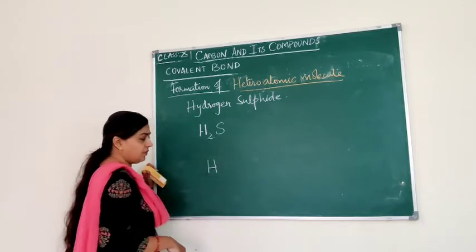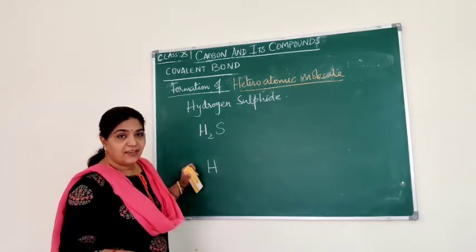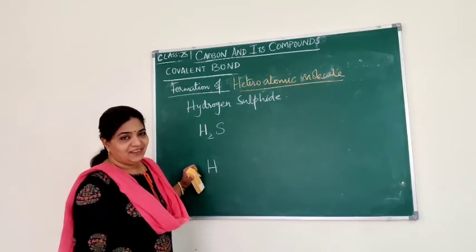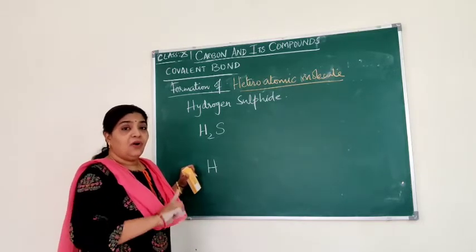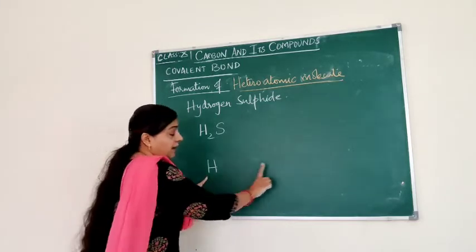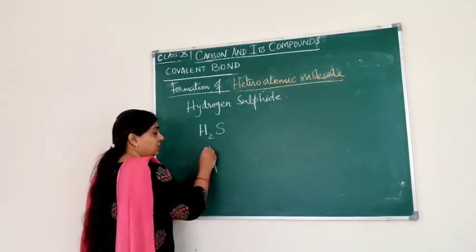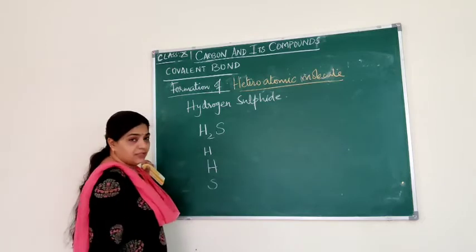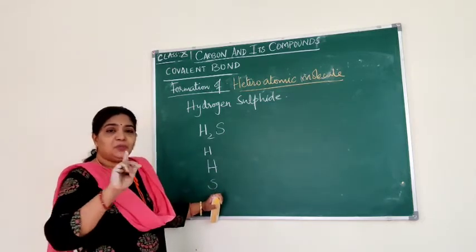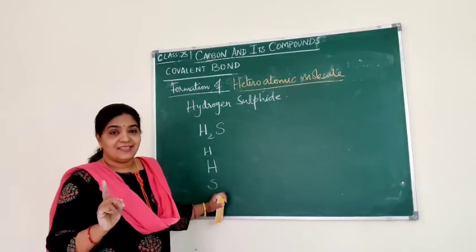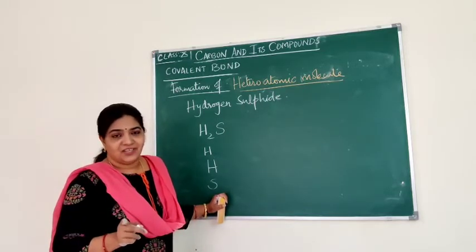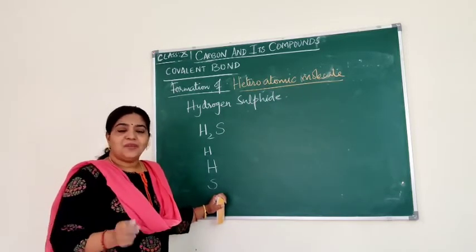How many hydrogen atoms are there? 2 hydrogen atoms and 1 sulfur. So how do you represent it? Now you should put it in such a way that all 3 atoms get a stable configuration, that is octet or duplet.